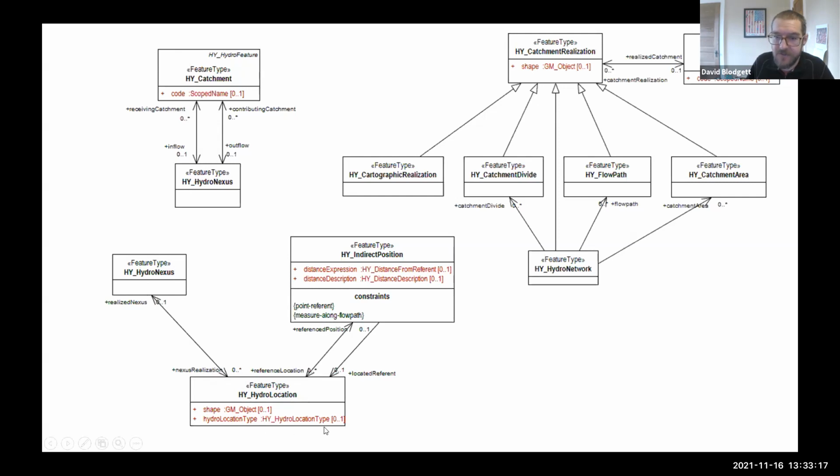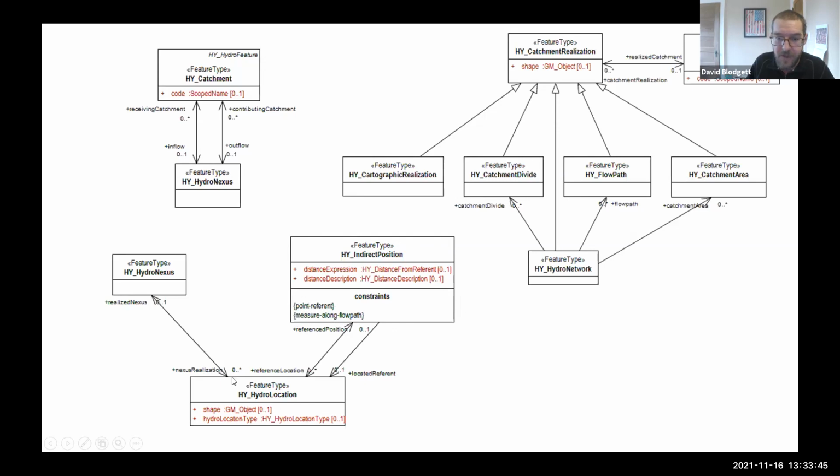The hydrolocation has an indirect position, which has some constraints. The indirect position has a point referent, which is the point that it's relative to, and it's measured along a flow path. So if you're familiar with reach codes and measures in NHDPlus, the reach code and measure data model is an instance of this indirect position model.